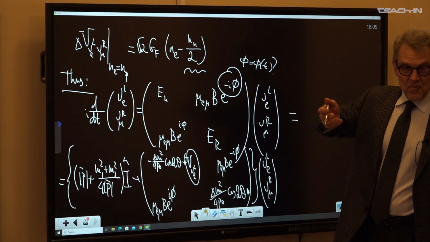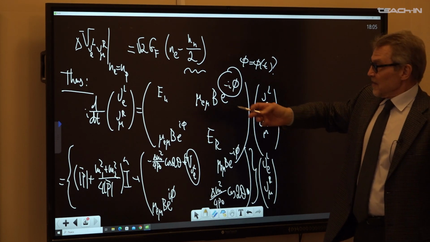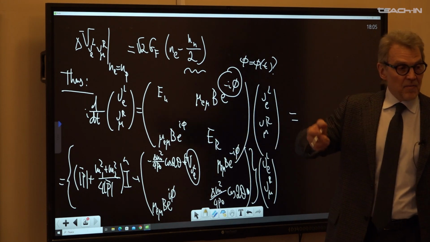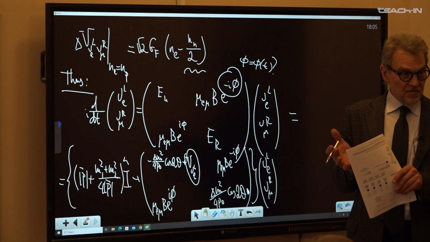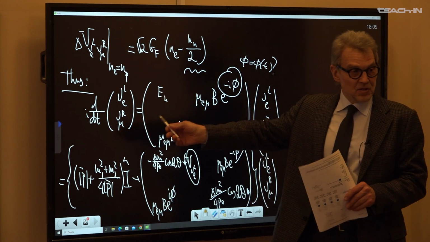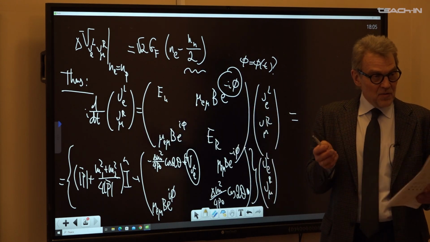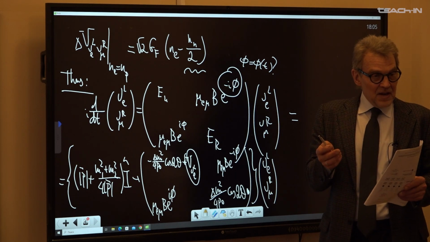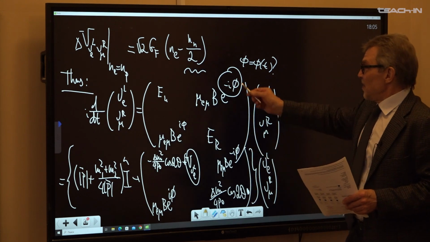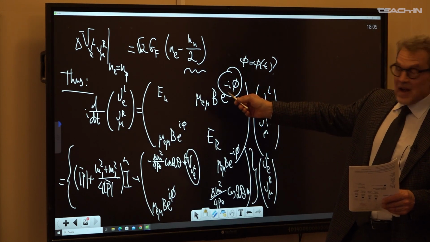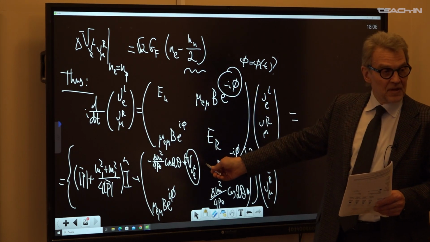In a moment I will show that the problem can be reformulated by a unitary transformation from this basis to another one related by a unitary matrix, for which in the new basis this term will disappear here and an additional potential will appear here.